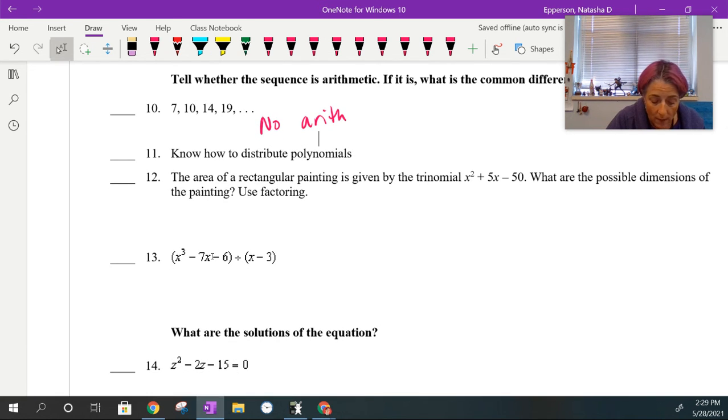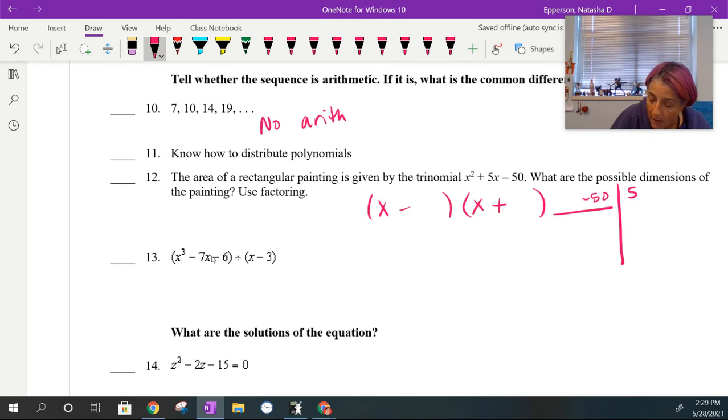Number 12, the area of a rectangular painting is given by this trinomial. What are the possible dimensions of the painting? All we're doing is factoring. So I'm going to think of the two factors. I know I'm going to have a negative and a positive because we have the multiplication of negative 50, and it sums to 5. So negative 50 is divided by 10.